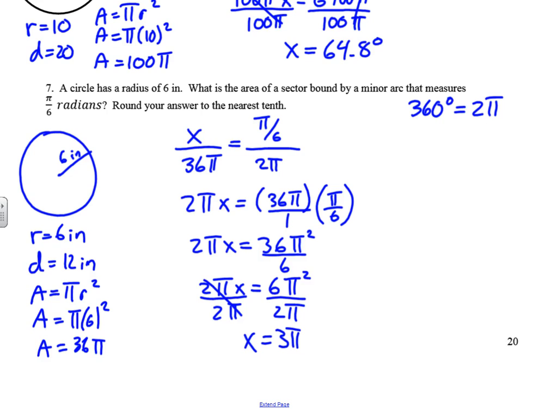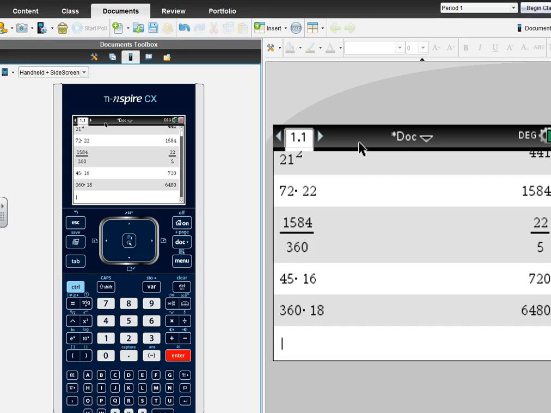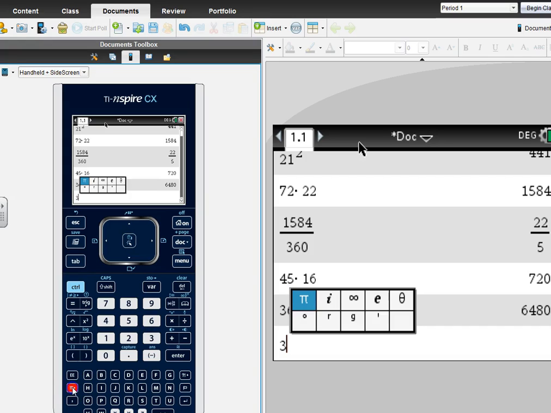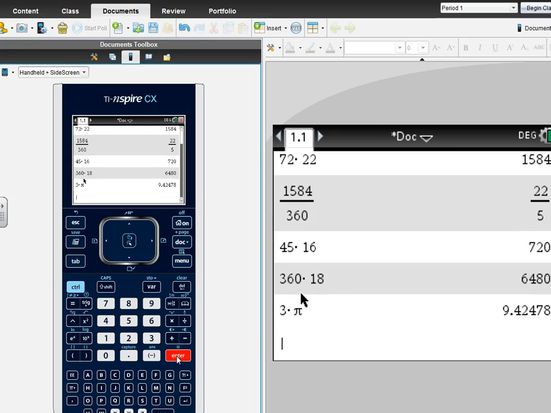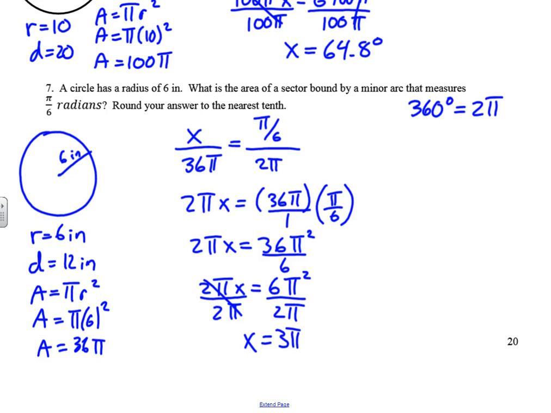So what is the area? The area to the nearest tenth, we would just take that number, and 3 times pi is 9.4. Okay, so x equals 9.4 inches squared.